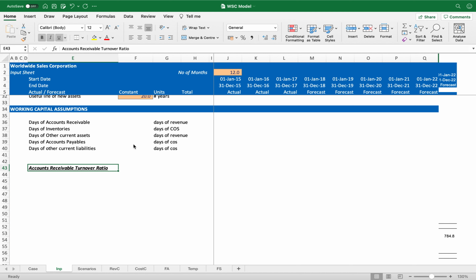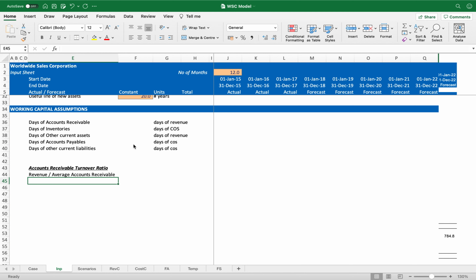Now what was the formula for this? This was your revenue divided by average accounts receivable, right? Revenue divided by average accounts receivable. That was the formula, correct?